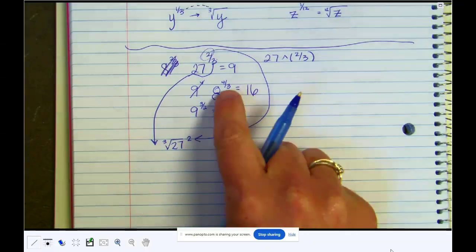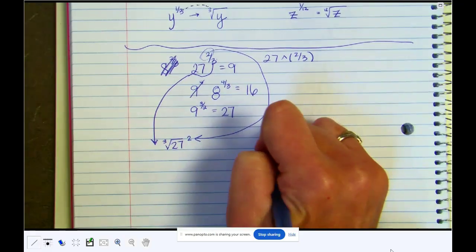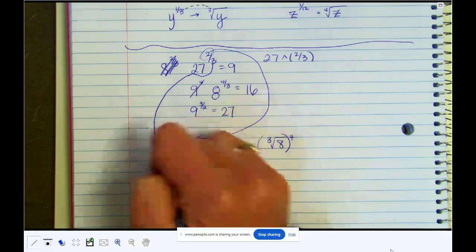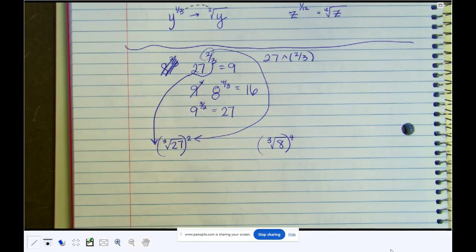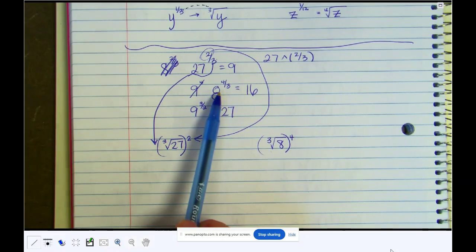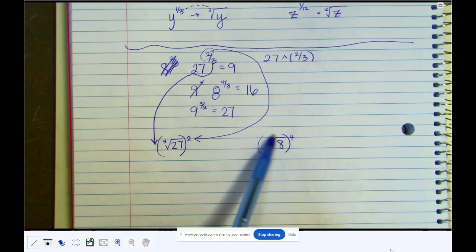So this guy would be the cube root of 8 and then to the 4th power, like that. Do you put it in the parentheses? I would put it in parentheses, it just looks neater. So what is the cube root of 8?